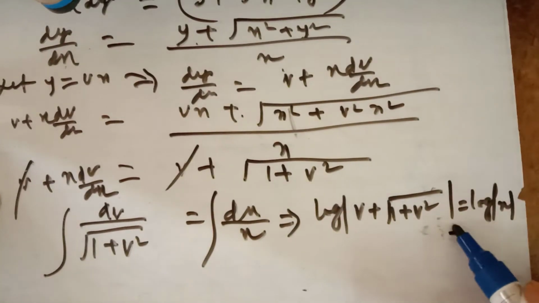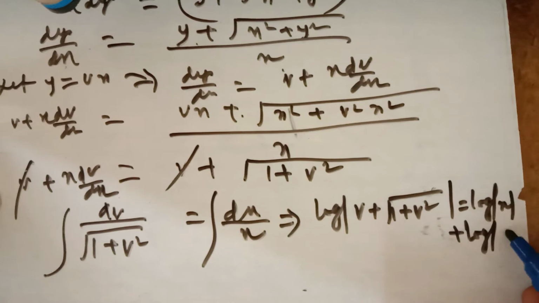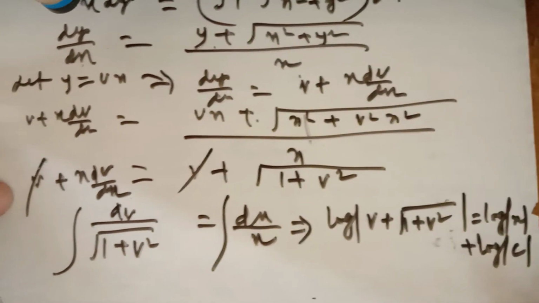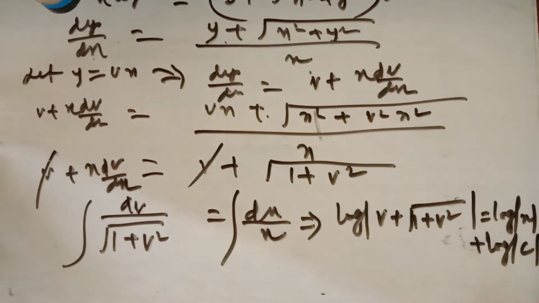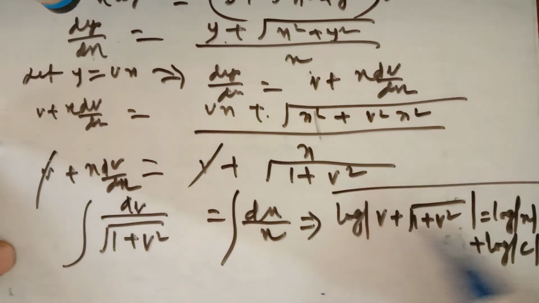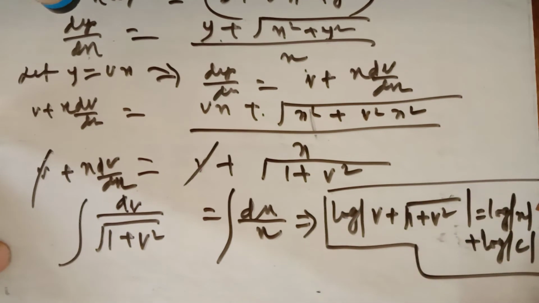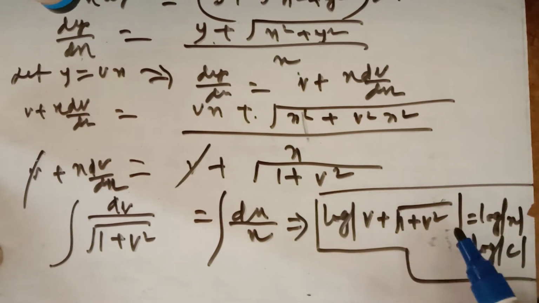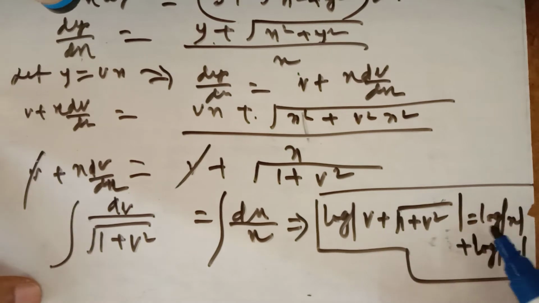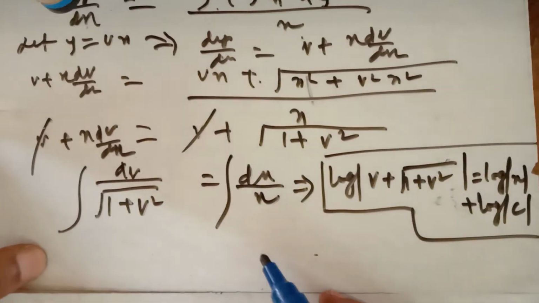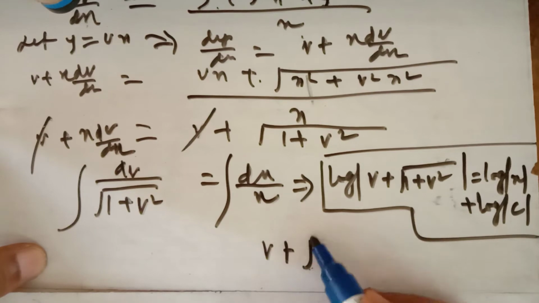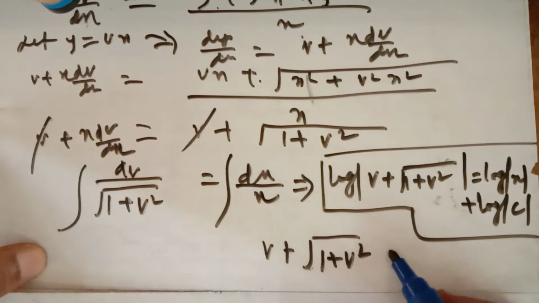Because all the terms are logs, you can take the constant also as log c. Now using the property of the log, it will be log of x into c. This x will be cancelled out, log will be cancelled out, and you are getting the answer.